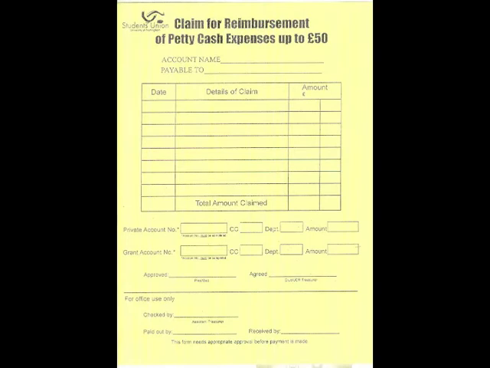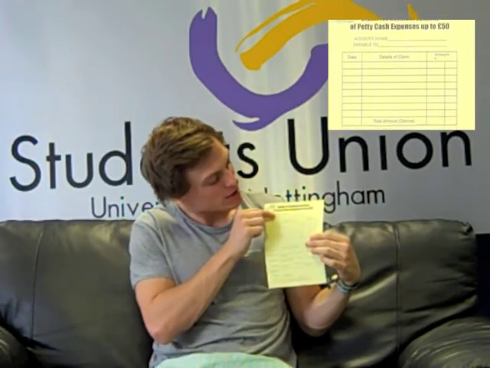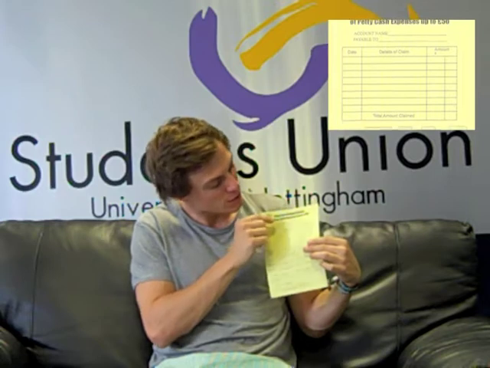Right, this is the petty cash reimbursement form for any cash you need to reimburse for under £50. So let's use the example of Sherwood Hall Sports Sec buying footballs for their IMS team. At the top here you need to put the account name, so it would be Sherwood Hall IMS, payable to Harry Smith.